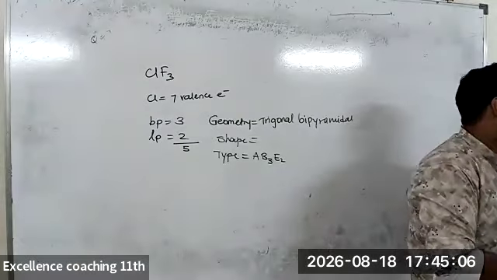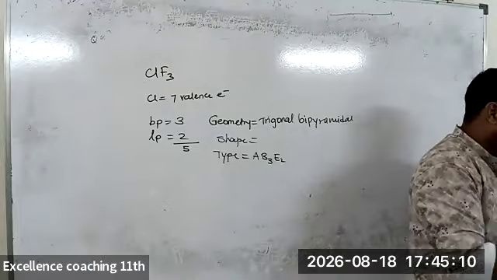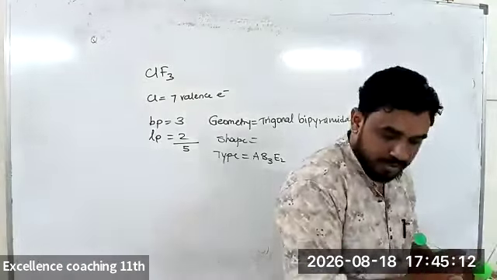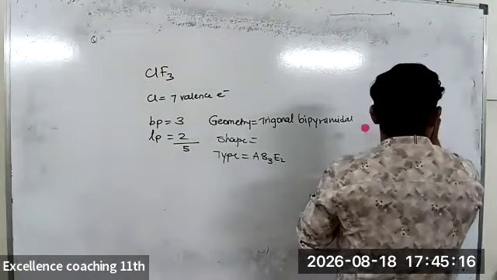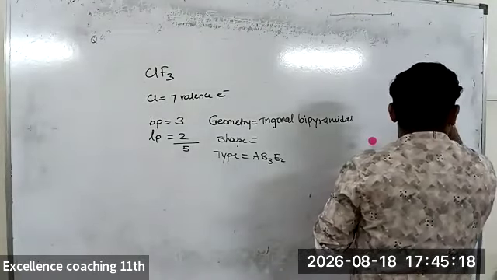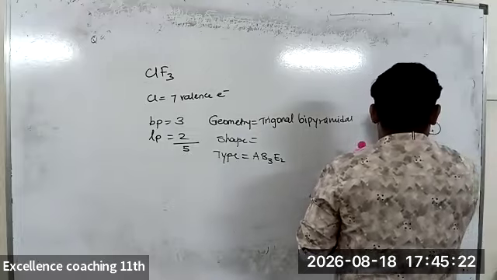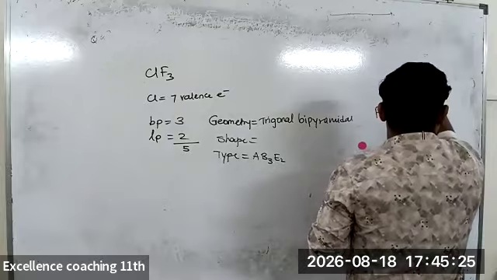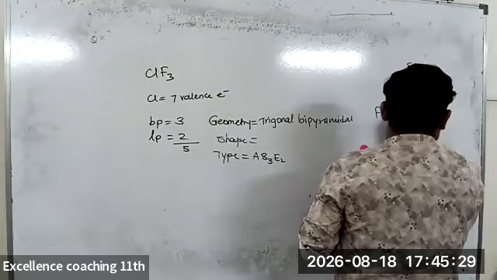Now let me draw first. See here. Cl. One lone pair, two lone pairs, chlorine, chlorine, chlorine. Trigonal.